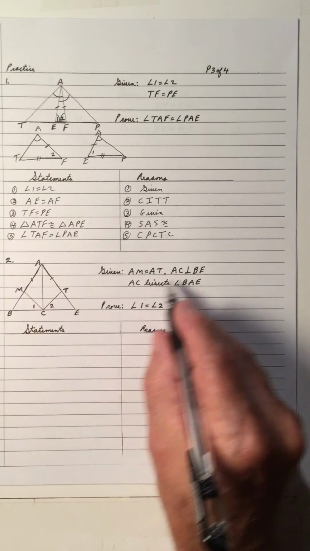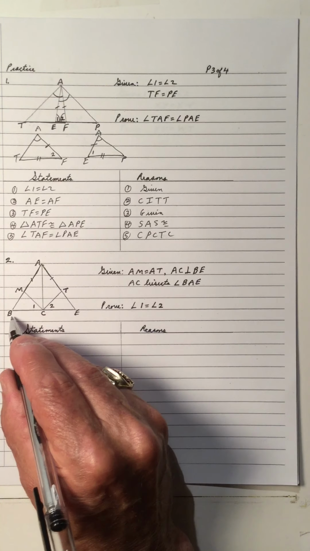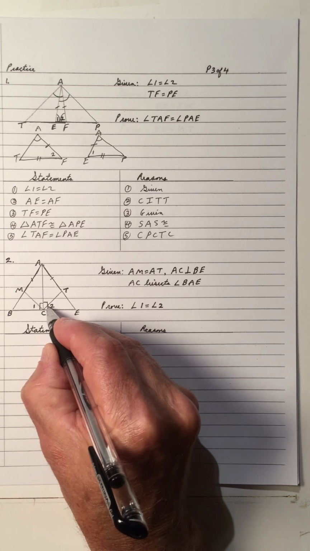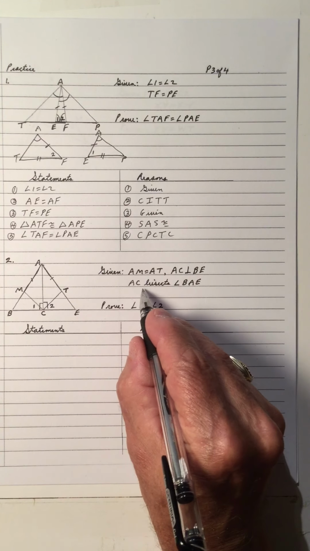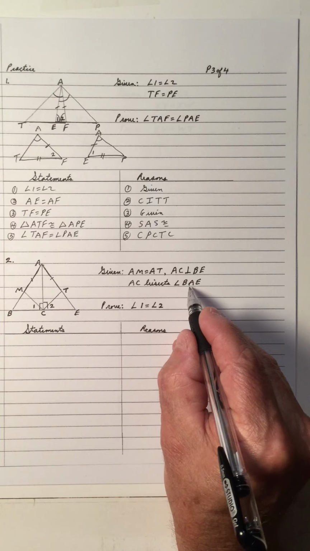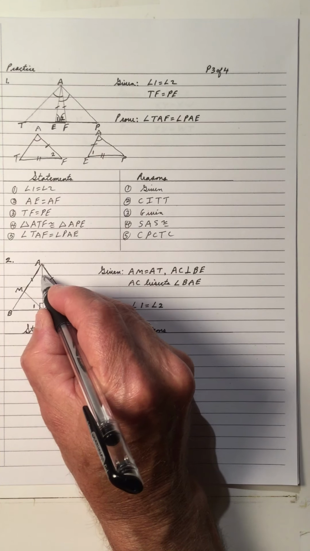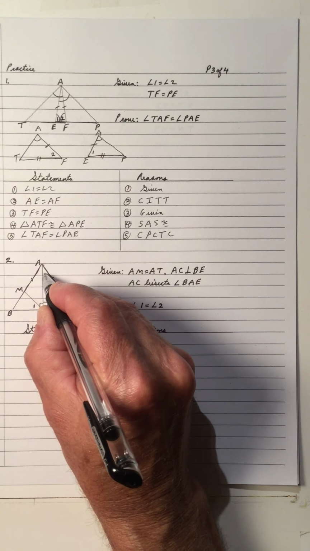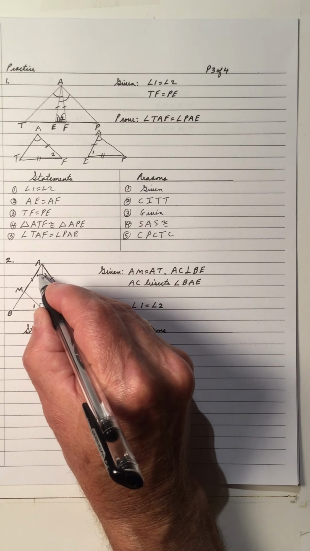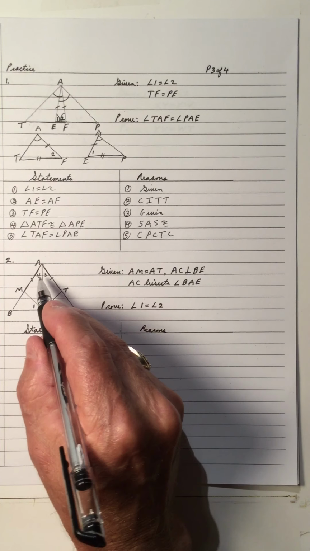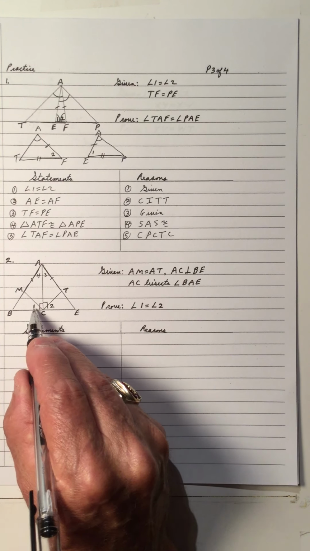We got AC is perpendicular to BE, so that's a right angle here and a right angle here. We got AC bisects angle BAE, so it makes this angle equal to this one. And I have to prove that 1 equals 2.